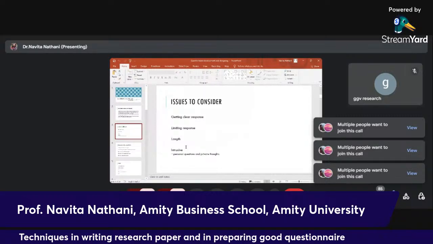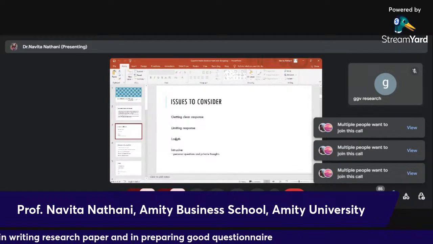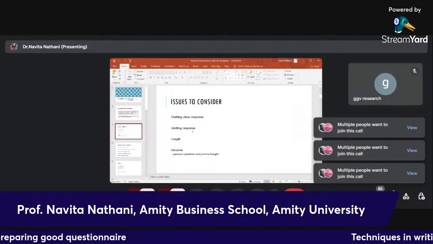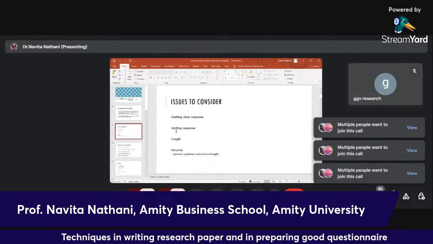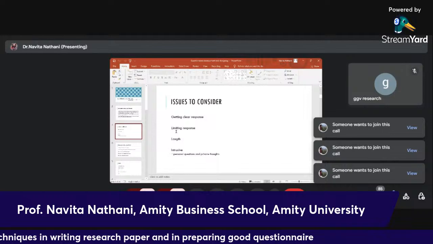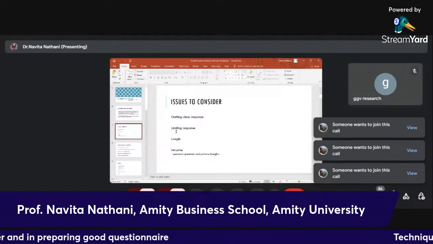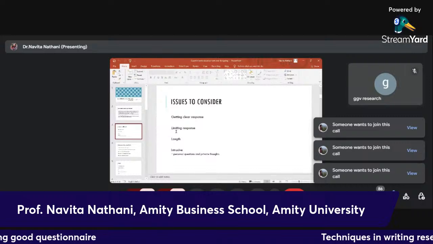But whenever you are making a question, you should be clear about it, that you should get a very clear response. The limiting response. That means the answer should not be vague. The length of the answer should be in such a manner that you can easily understand whether this is the part which you want to grasp from it or not.